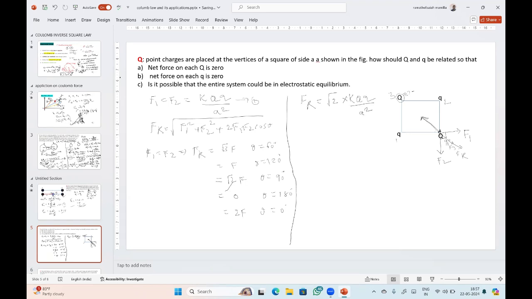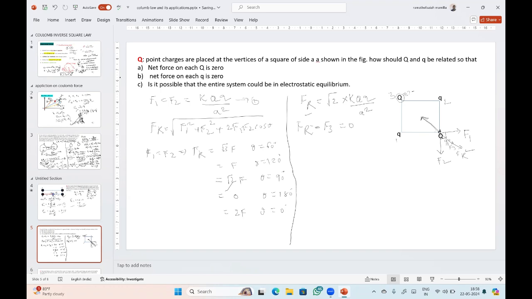So there is another equal force acting in the opposite direction. This is acting in this direction, so the opposite one should act to make the net force 0. Net force is 0 means the net force Fr minus the force between these two, that is F3, is equal to 0.